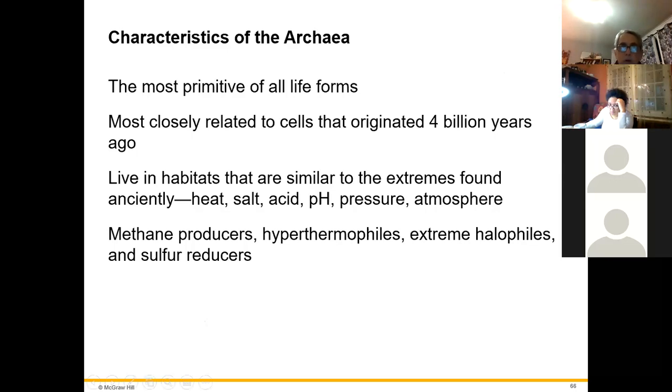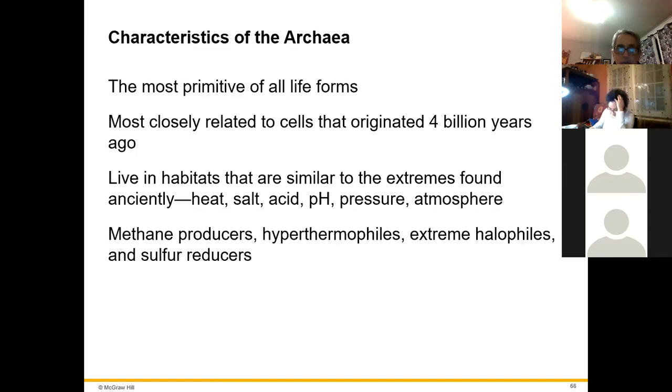So archaea are considered the most primitive of life forms. They probably more closely resemble cells that originated about 4 billion years ago. They live in habitats that are similar to extreme environments in the ancient world: high heat, salt, very acidic pH, and the air pressure was different.